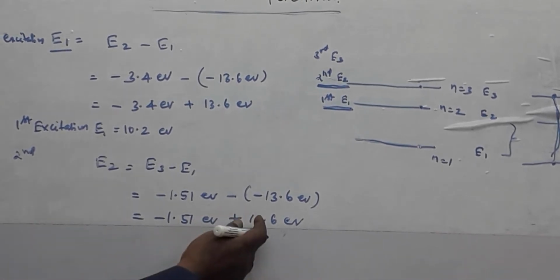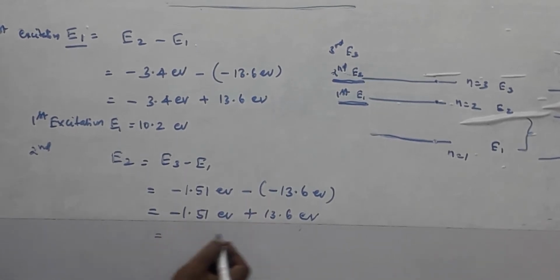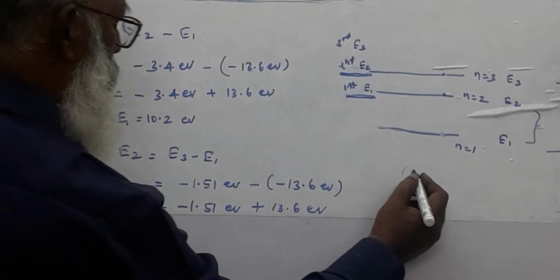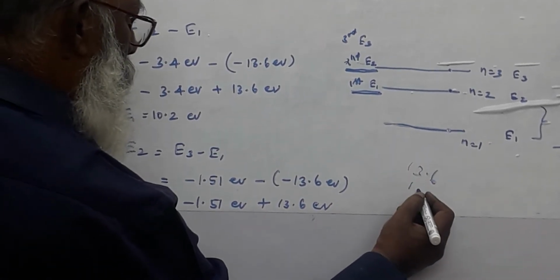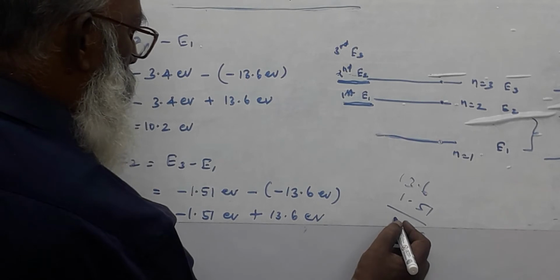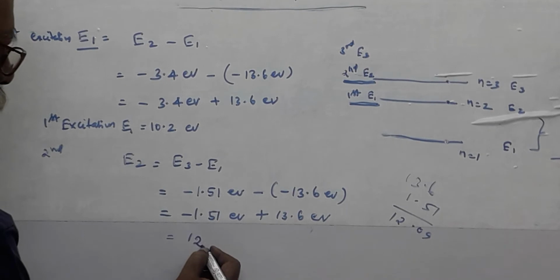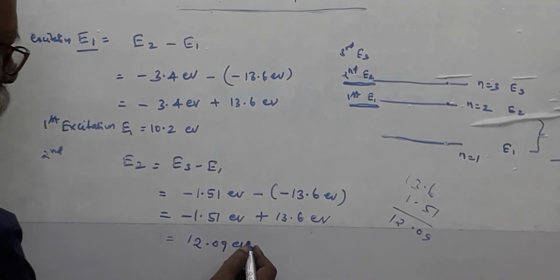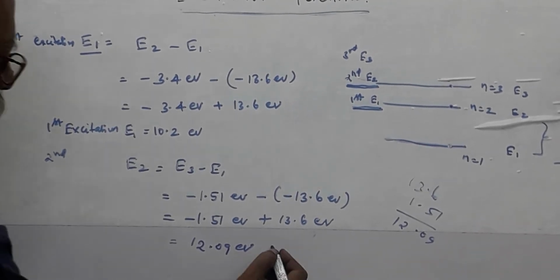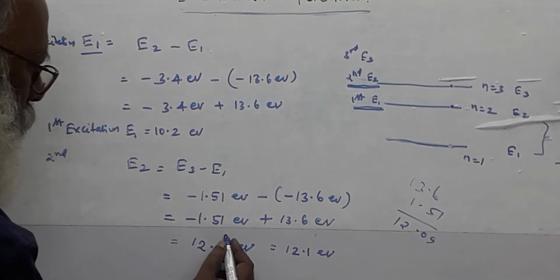Now we subtract the negative from the positive, then we get about 12.09 electron volt, or you can say simply 12.1 electron volt.